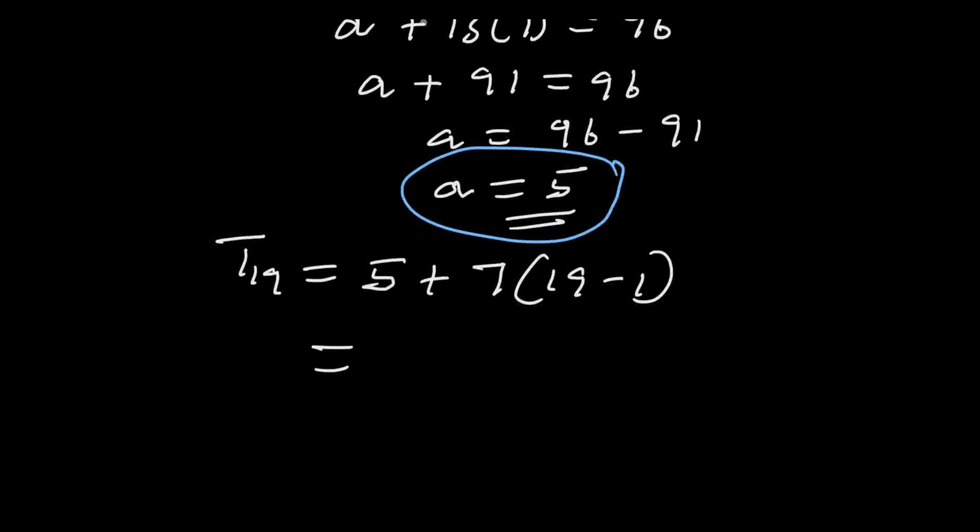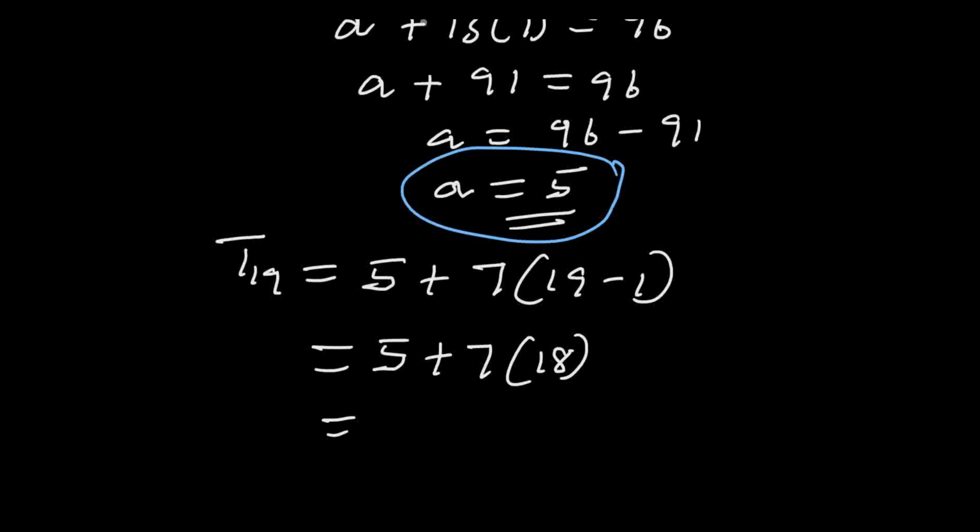This is equal to 5 plus 7 times 18. 7 times 18 is 126.